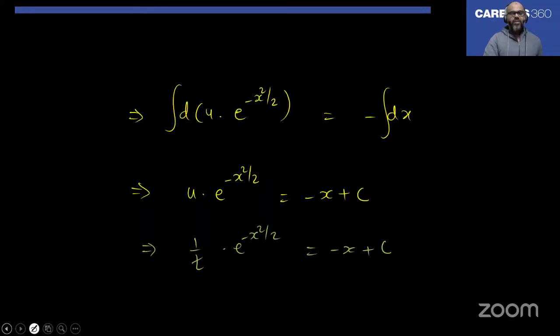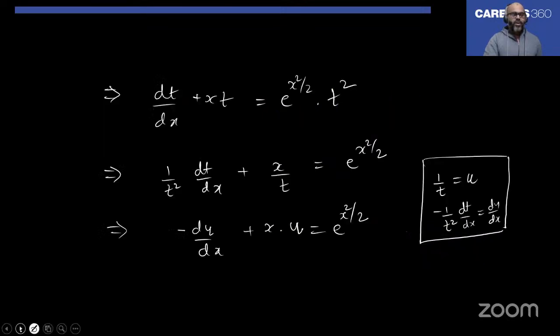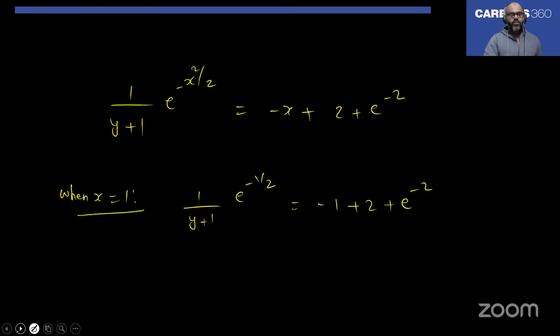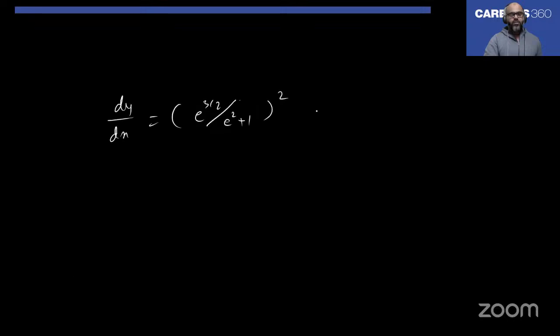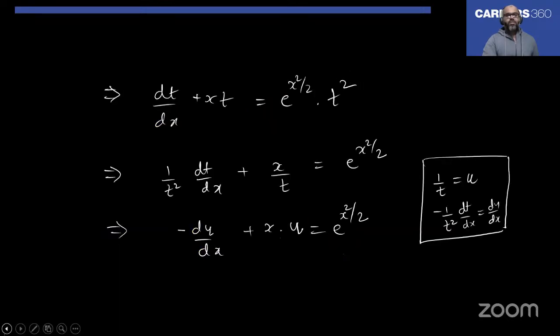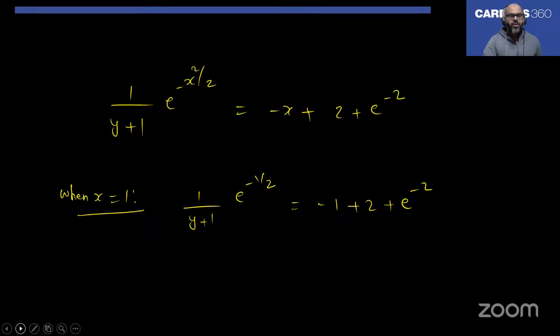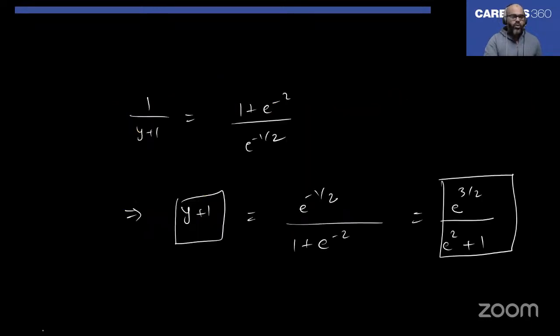What else is given here? E to the power x square by 2 minus x, and then y plus 1. So again, we will substitute y plus 1, e to the power 3 by 2 by e square plus 1.